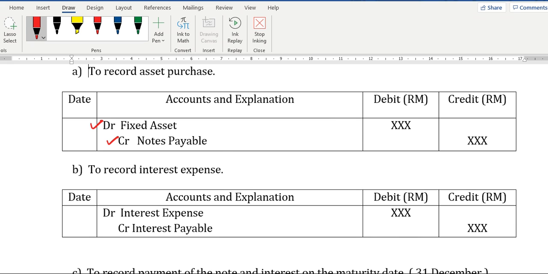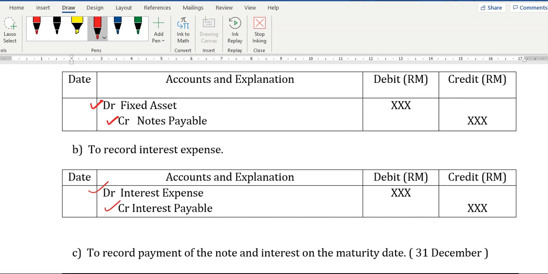The amount that we declared as the interest expense will be accumulated in interest payable, because at that point you haven't made any payments yet. So we will credit the amount into our interest payable. To record the interest expense, we will debit interest expense and credit interest payable.